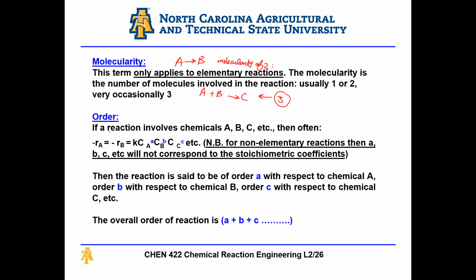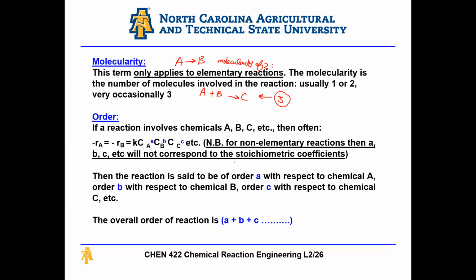The order of the reaction is also an important thing to know, because it will help you know your units, and if your units are all set up properly, it's most of the time a good indication that you're solving correctly. So if a reaction involves chemicals A, B, and C, then minus rA, minus rB is equal to k CA to the power a, CB to the power b, CC to the power c. And this is obviously for an elementary reaction.